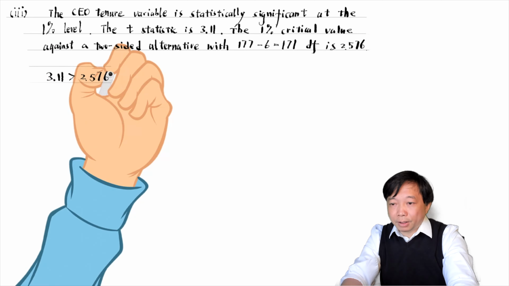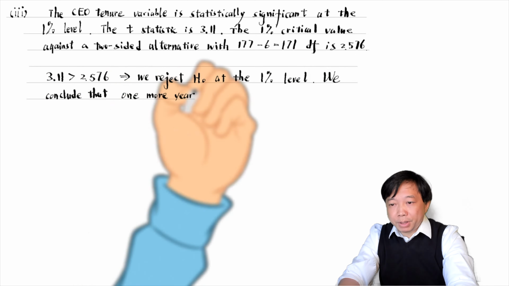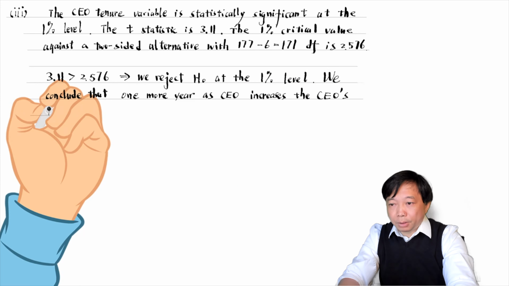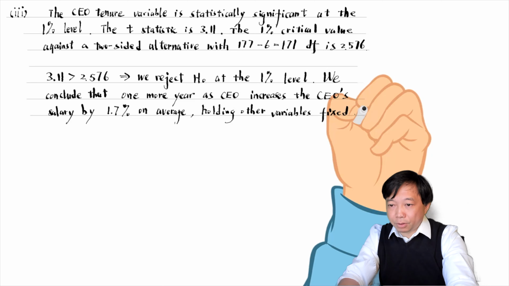The t-statistic is above the critical value. We reject the null hypothesis at the 1% significance level. And we can conclude that one more year as CEO increases the CEO's salary by 1.7% on average, holding other variables constant.